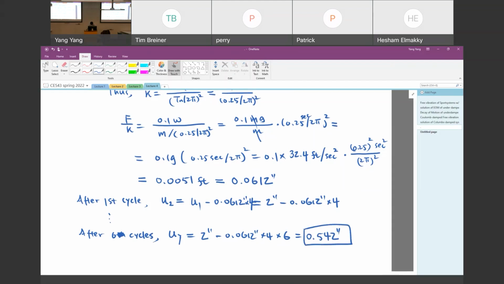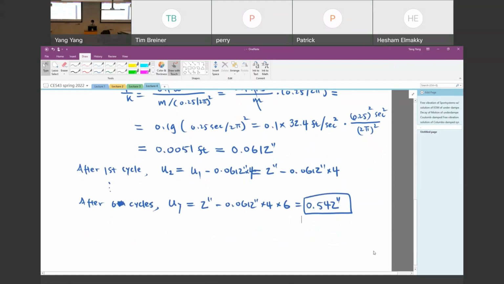That means after 6 cycles, displacement will be about 2 inches. Does that make sense? Very straightforward.